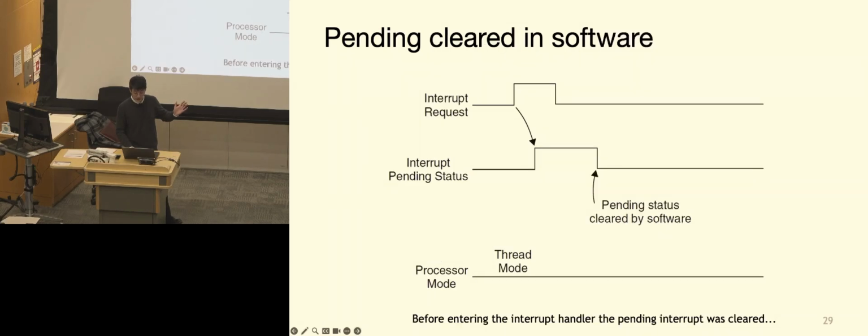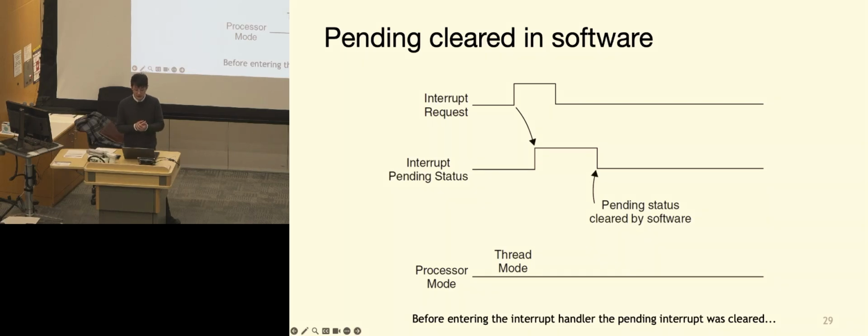Okay. So sometimes the pending state can be cleared by software. It's basically like the software or your program decides that the raised interrupt should not be executed, or it's not important enough given the current circumstances. Then the software would do the clear.